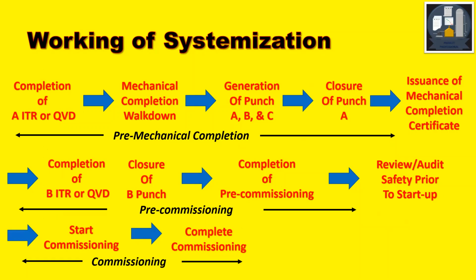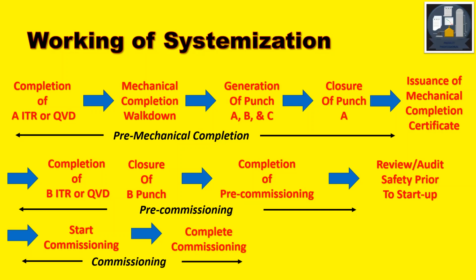After the mechanical completion walk down, punch are generated, then they are categorized as A, B, and C. Then upon closure of punch A, issuance of mechanical completion certificate. It may be noted that this process may be carried out at the subsystem level, at the system level, or at the facility level. It depends on the strategy one is adopting.